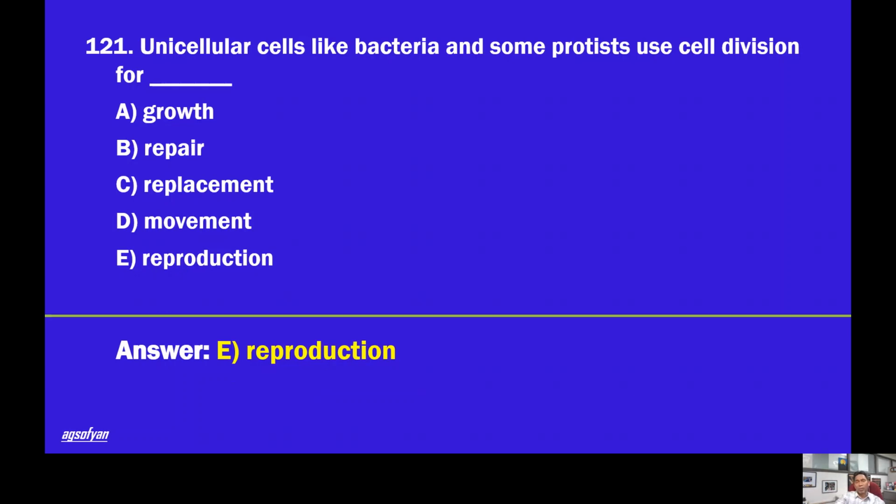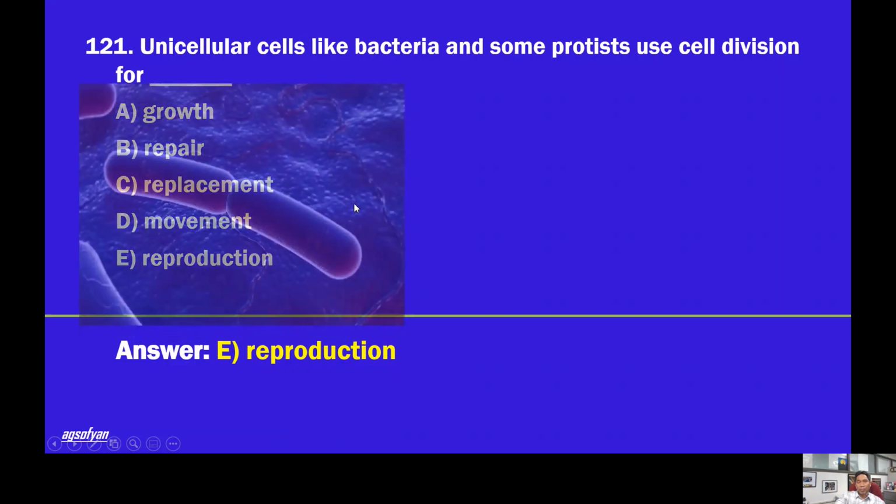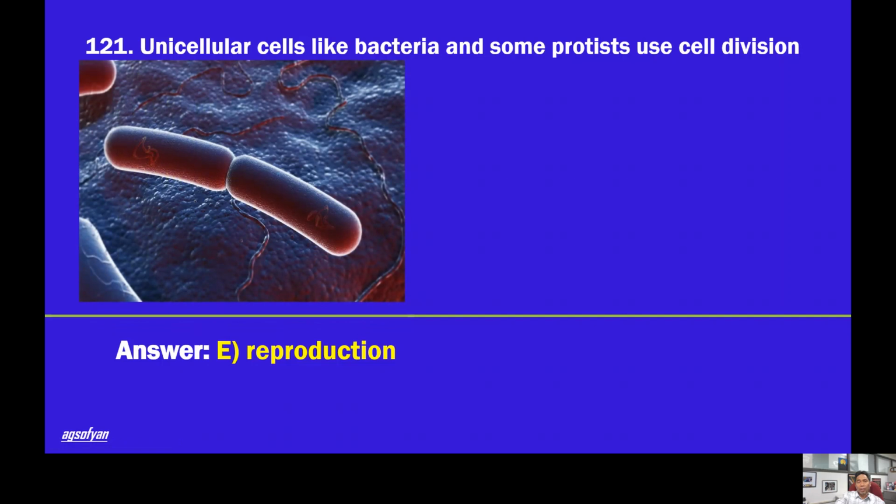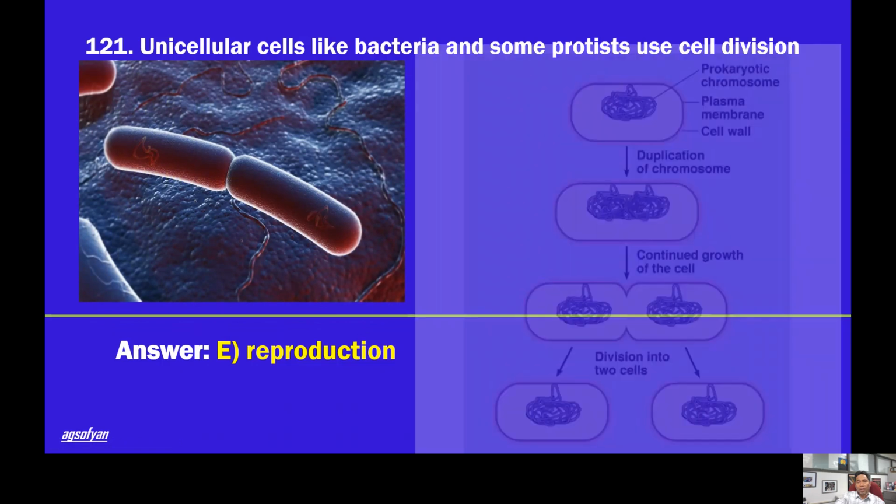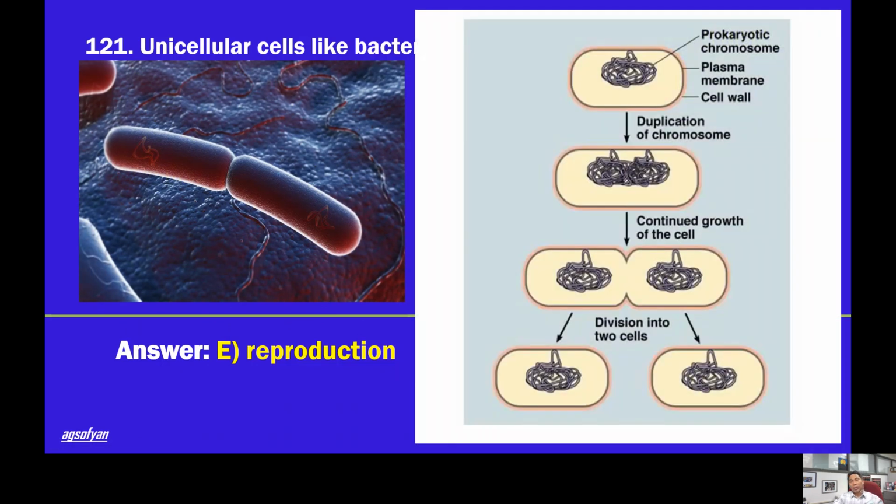But for multicellular organisms, cell division is usually used for growth, repair, and replacement. Here, a bacterium is divided into 2, and 2 into 4, 4 into 8, and so on. So this is reproduction.